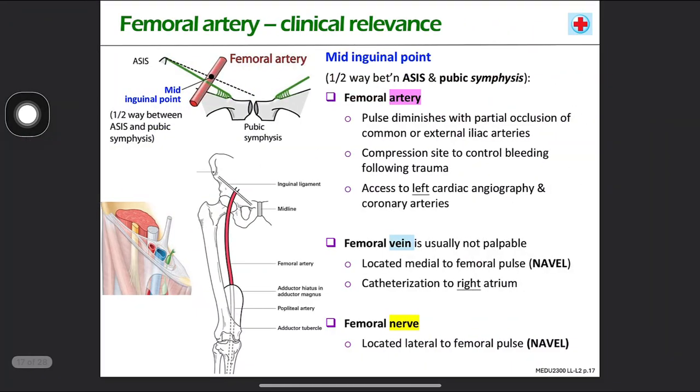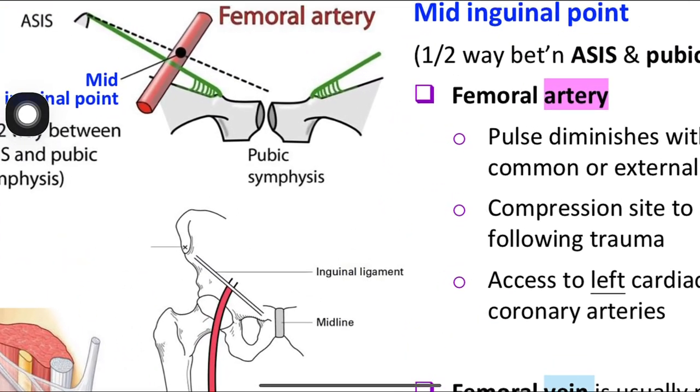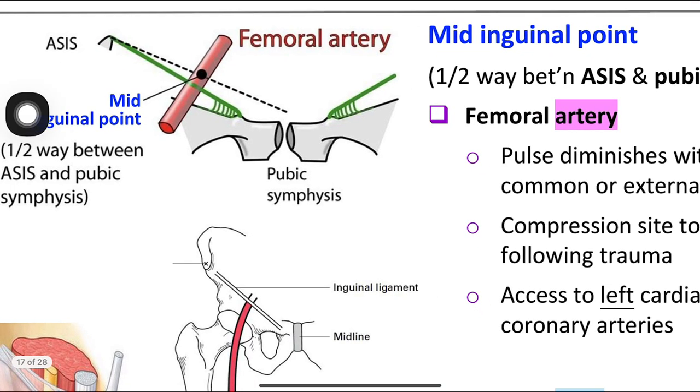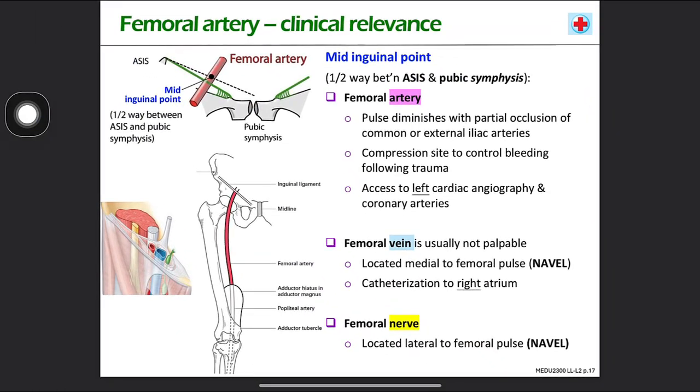And the femoral artery, very important. There is a landmark you can use to locate it. With the use of the ASIS as well as the pubic symphysis here, halfway between the ASIS and the pubic symphysis, you compress it, then you can feel the pulse. The pulse is diminished with partial occlusion of the common or external iliac artery.